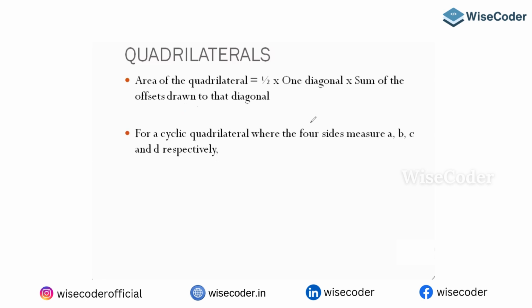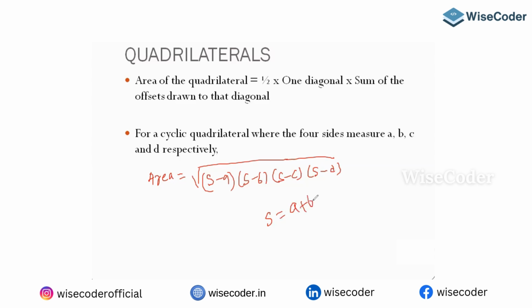If the four sides are measured as A, B, C, and D respectively, then area is equal to, like your triangle, under root of (S minus A) into (S minus B) into (S minus C) into (S minus D), where S is equal to (A plus B plus C plus D) by 2. S is nothing but the semi-perimeter.